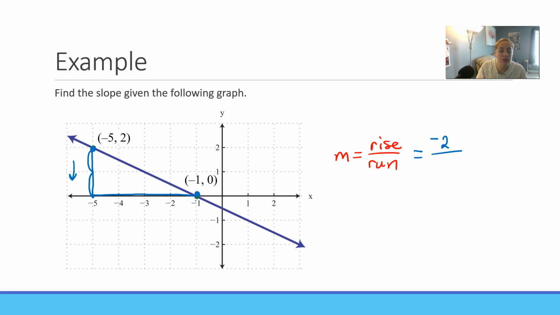We're going to be going down 2. And then the run is 1, 2, 3, 4. So you're running 4 this time. And the run I always like to keep positive because we're always going to go to the right. And then we reduce. Both of these are divisible by 2, so it's just negative 1/2.